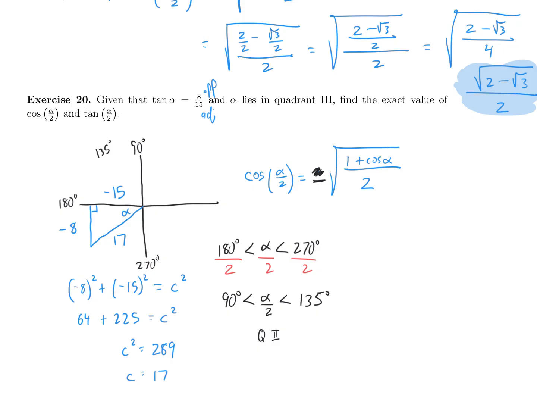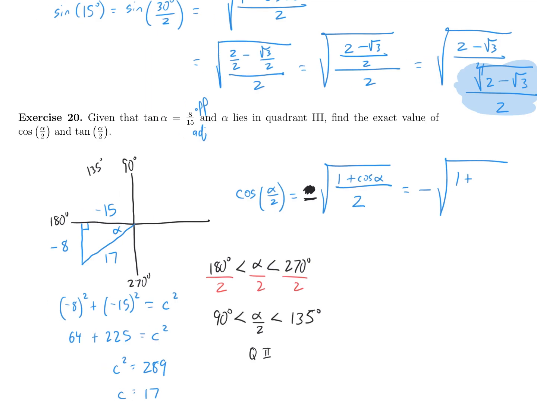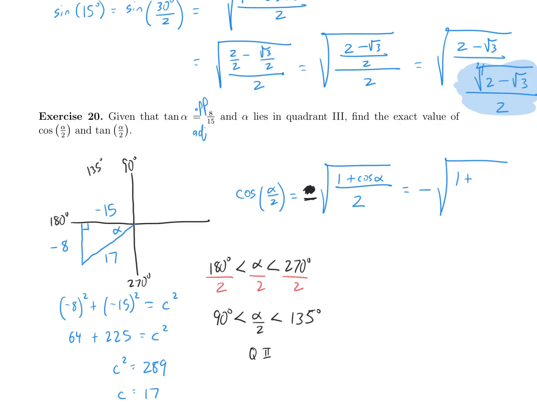All right, so now we can go ahead and, for some reason, it's not erasing, so I'm just going to scratch out the positive because it's not erasing on my screen for whatever reason. Okay, so let's go ahead and evaluate this. So we know that it's negative the square root of 1 plus cosine of alpha, according to our triangle that we drew, is adjacent over hypotenuse, which is negative 15 over 17.